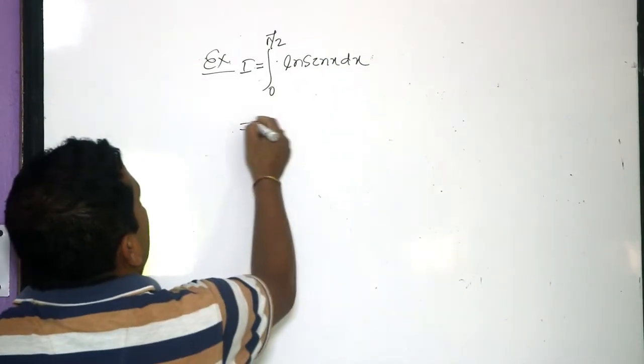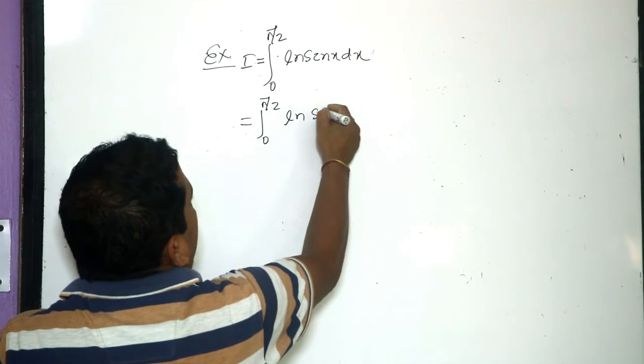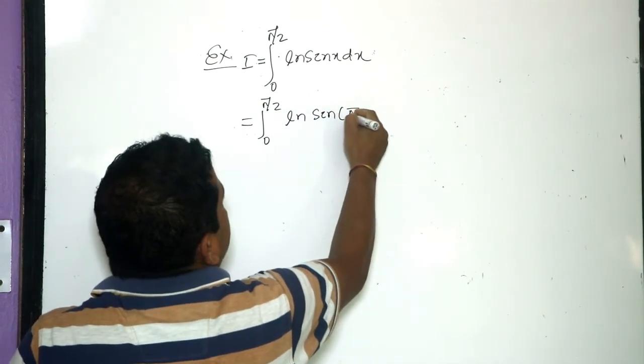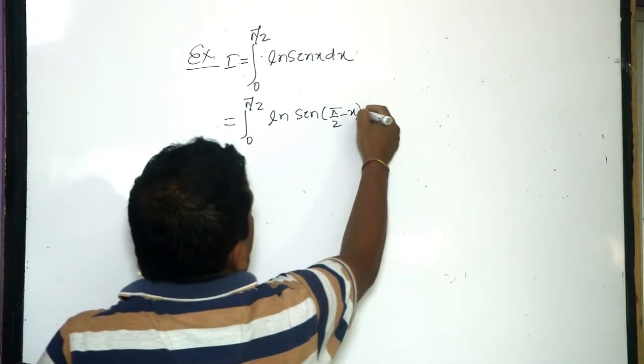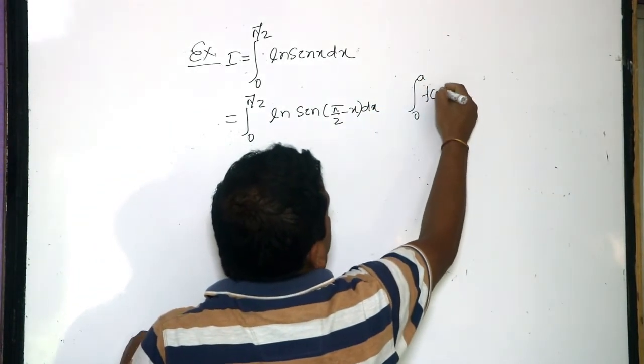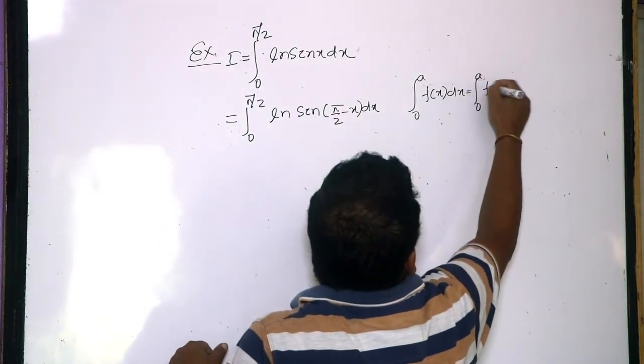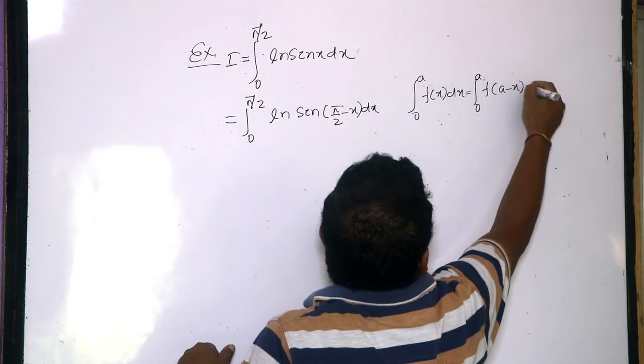Now using the property, integral from 0 to pi by 2 of log sin, instead of x we write pi by 2 minus x dx. That is the property: integral 0 to a of f(x) dx equals integral 0 to a of f(a minus x) dx.